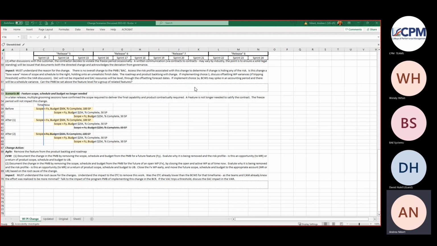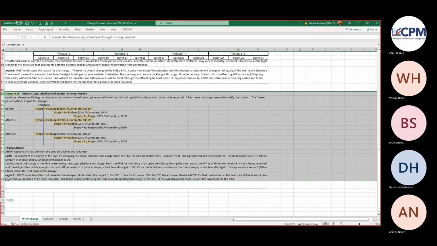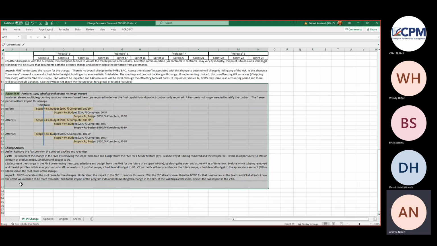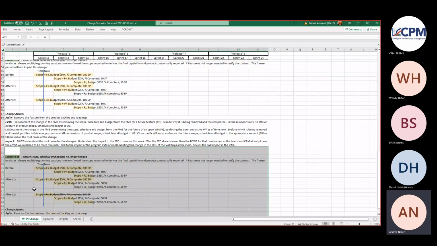And our backdrop is, we're in the 5th release. We have 8 releases that we're tracking. We have these sprints. And so the next piece of this is, what scenario do we want to talk about this time?